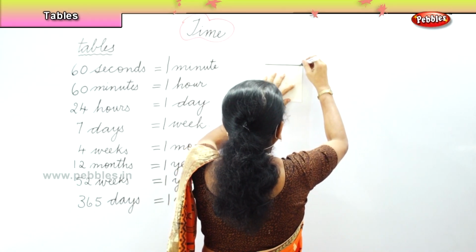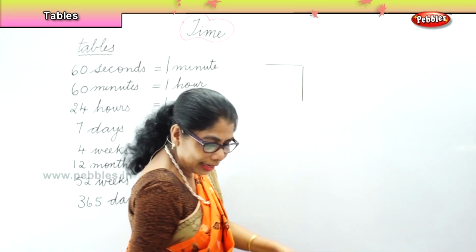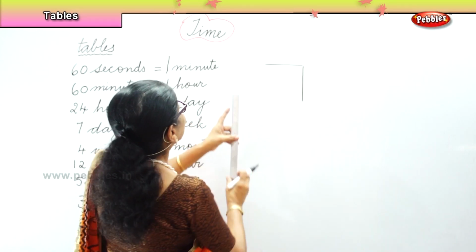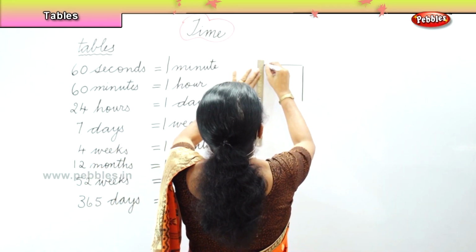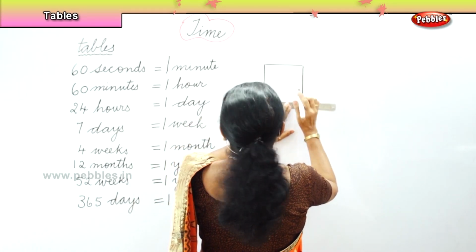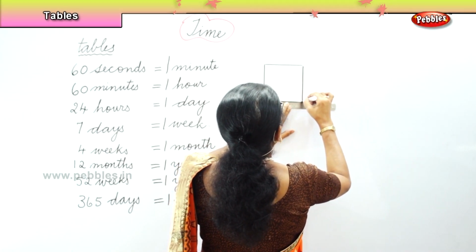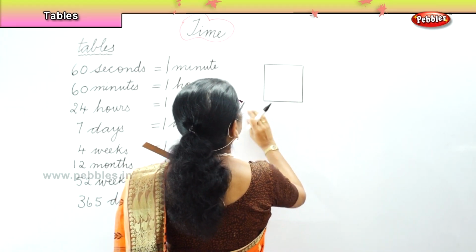In the clock, I said there are normally 2 hands, but sometimes you get second, minute and hour hand. Now let's look at this clock.